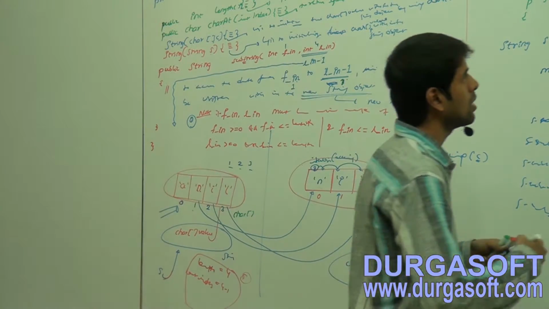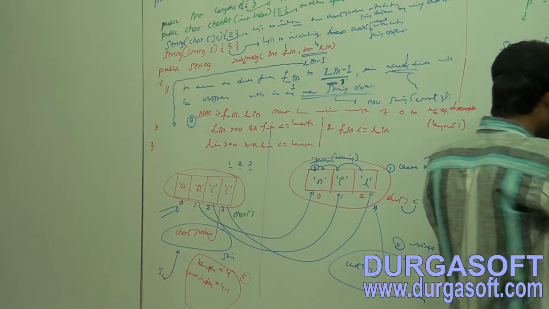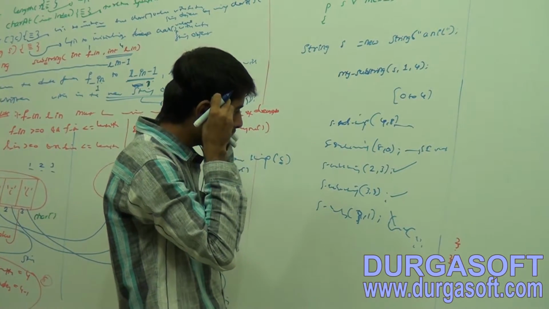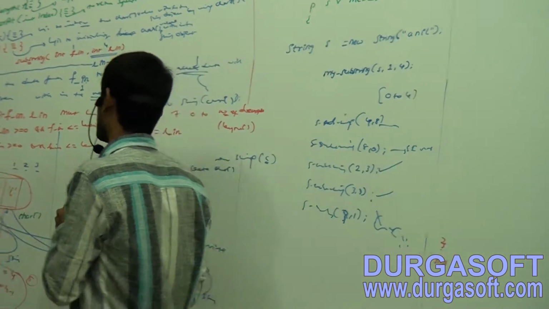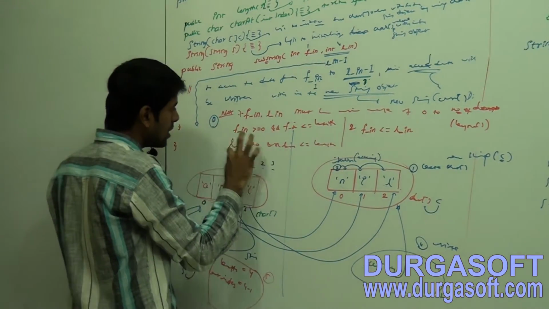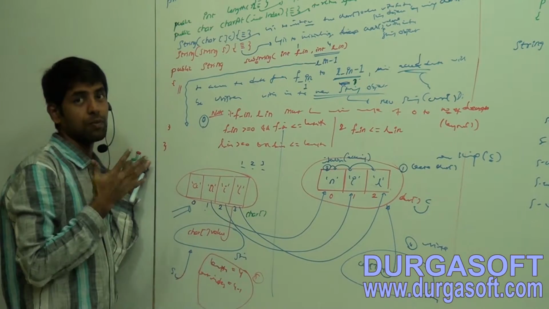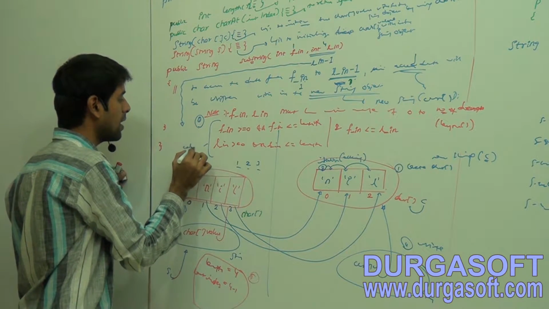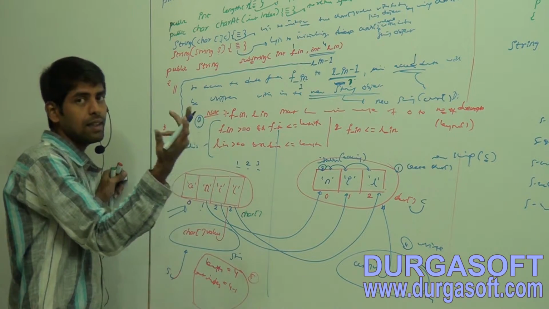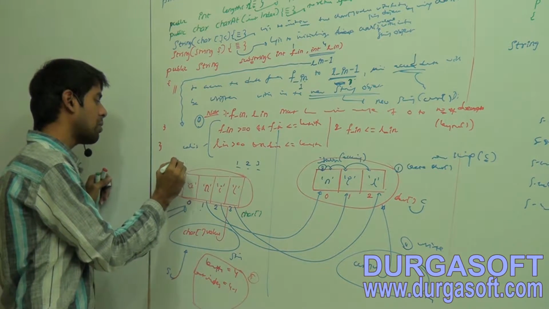Now observe here, we are having two options, right? Think that all of these are one option, valid options. All of these are valid options. Other than these options are invalid options.